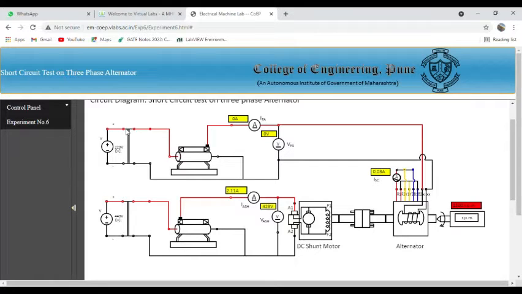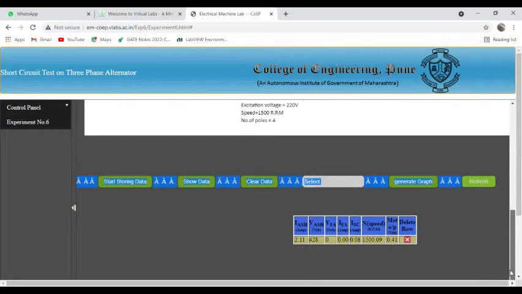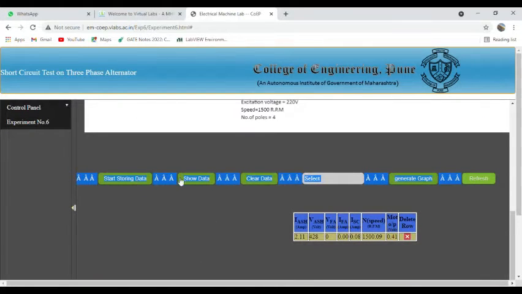Then I close the DPST switch connecting the alternator to the supply, and vary the DC excitation of the alternator in steps to increase the field voltage to its rated value.